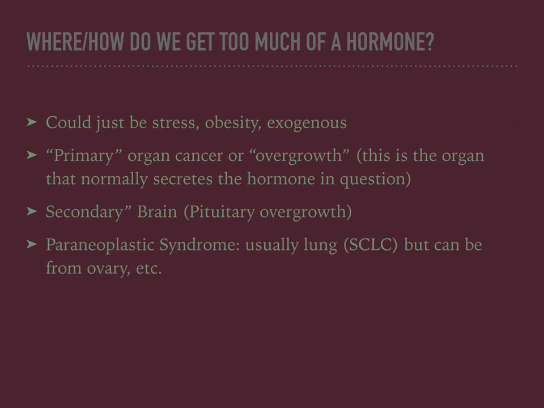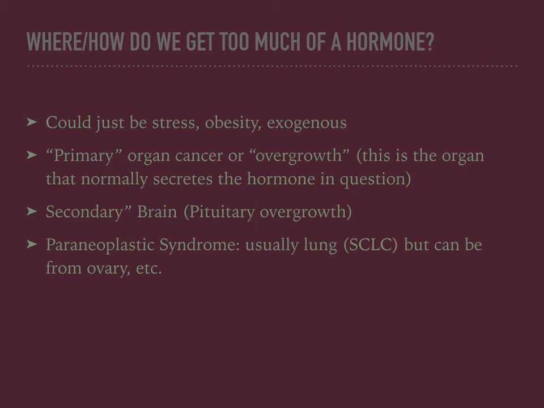The last cause is a paraneoplastic syndrome. So paraneoplastic syndrome is when there is a tumor, usually in the lung, and usually that is a small cell lung cancer, that secretes ACTH ectopically. So that's what we call an ectopic ACTH producing tumor, because it's producing ACTH outside of the pituitary.